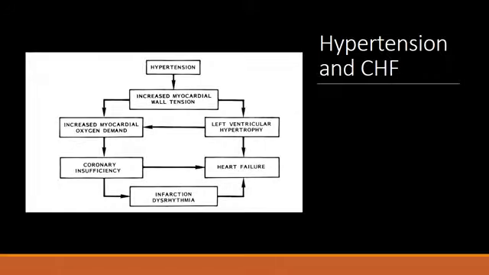Not only do we get an increased oxygen demand because of the overworking heart muscle, but the heart muscle actually responds to the excessive load by enlarging, or becoming hypertrophic. And as that worsens and goes on for extended periods of time, if we overstress the heart muscle enough, we can lead to insufficiency, where we are not delivering a sufficient amount of oxygen to the myocardial tissue. As I mentioned before, that can lead to infarction, or certainly dysrhythmias, and all those can lead to heart failure.